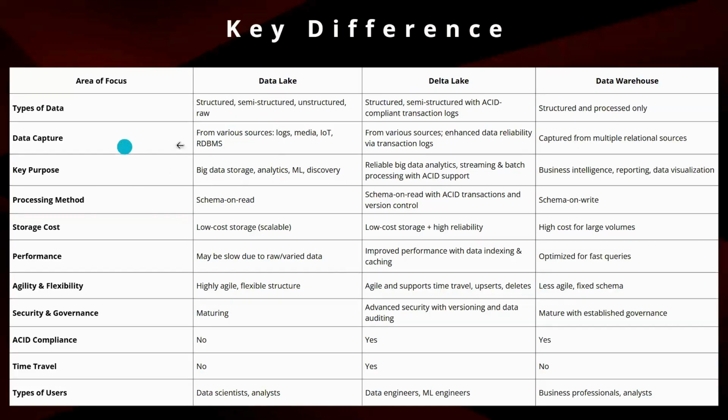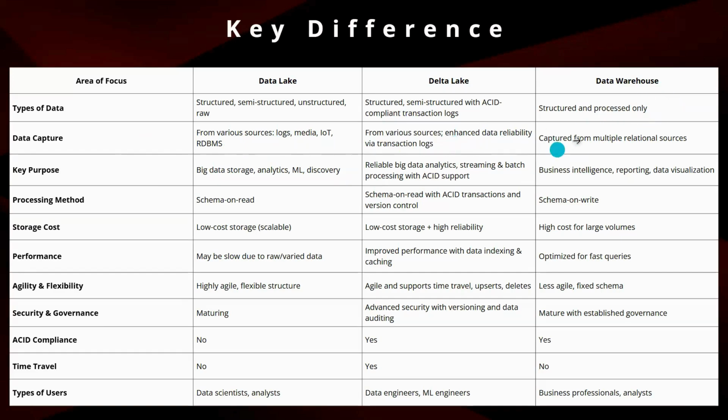Data capture: data lake captures data from various sources, logs, media, IoT, and RDBMS. RDBMS stands for Relational Database Management Systems. Delta Lake captures the data from various sources, enhancing data reliability via transaction logs.